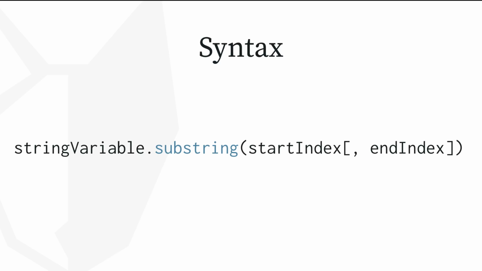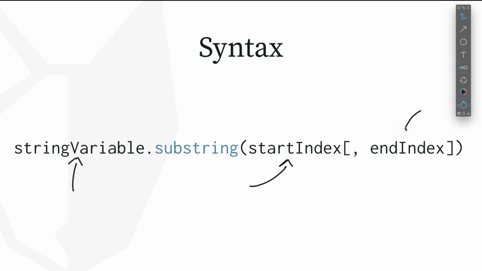There are a couple of elements I want us to be aware of. For example, you will notice that we need to have a variable to be able to use the substring function. We will also need two arguments to send into the function, the start index and the end index. And notice how the end index has these brackets right here. This basically means that the end index is going to be an optional argument.